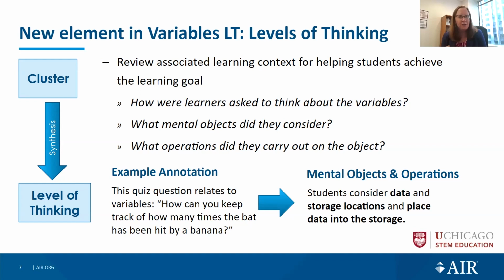And we said, okay, if kids meaningfully answer that a variable is how you keep track of this, then they have a cognitive object for thinking about data, that how many times is a thing they can think about. And they also have the idea of keeping track, a storage space. That's another object. And they have this operation of putting the data into the storage space. So that's the kind of thinking and extraction we were doing, again, independently and then collaboratively, to come up with levels of thinking.